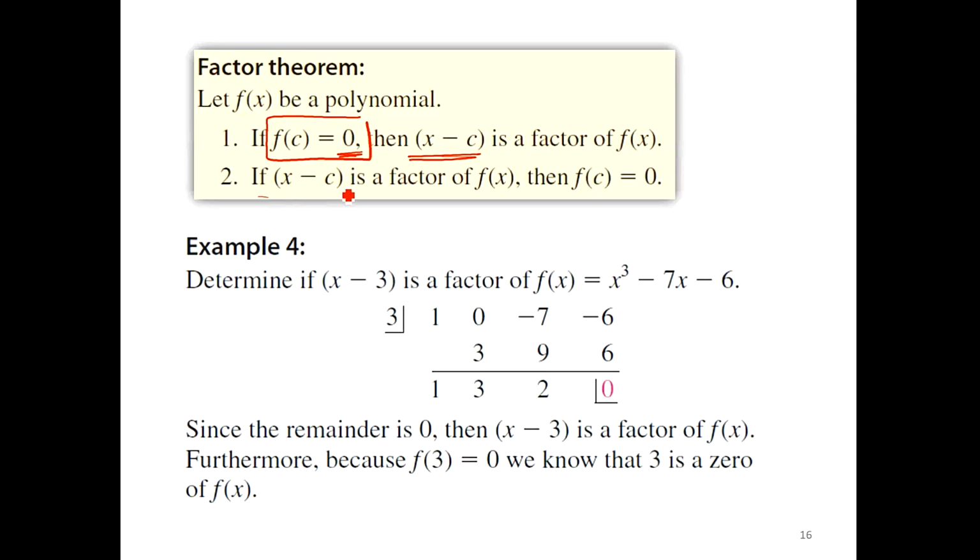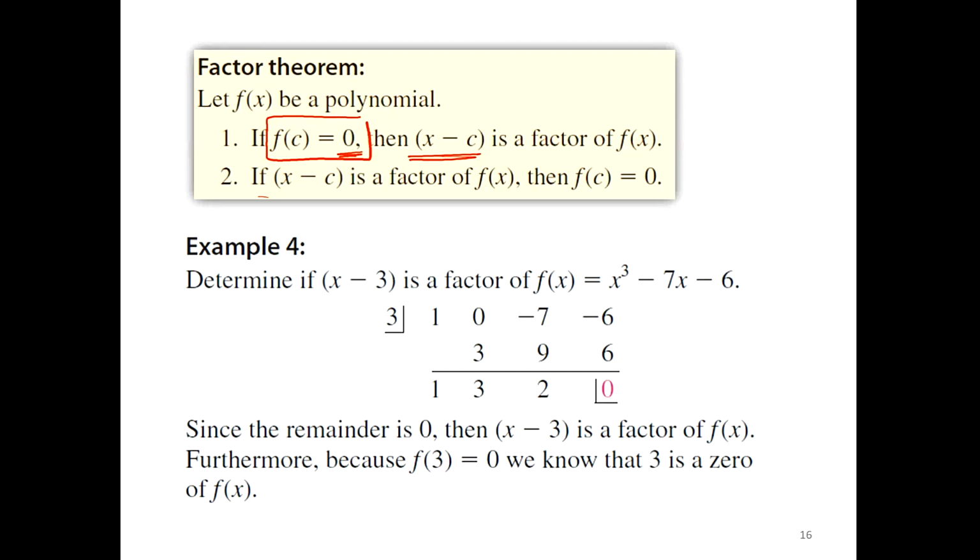If x minus c is a factor, then f of c equals 0. So the remainder is 0. When the remainder equals 0, we have the factor x minus c, and f of c equals 0 also.